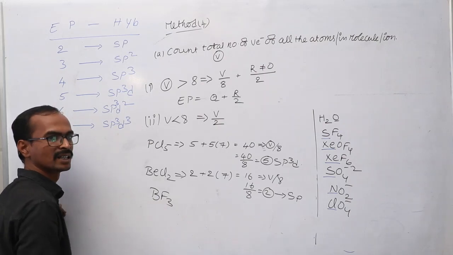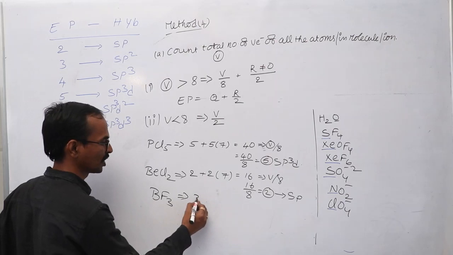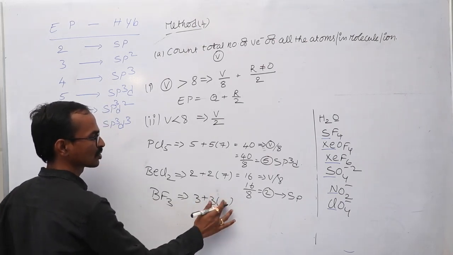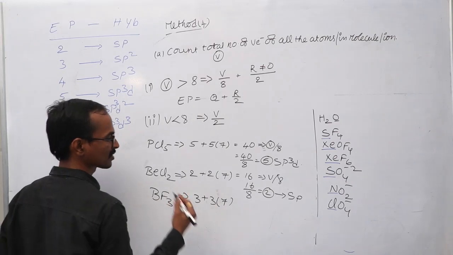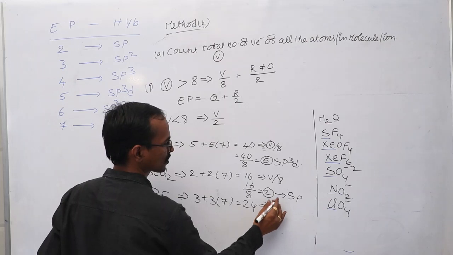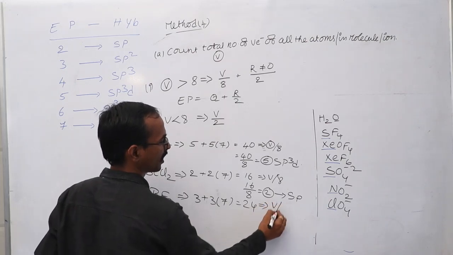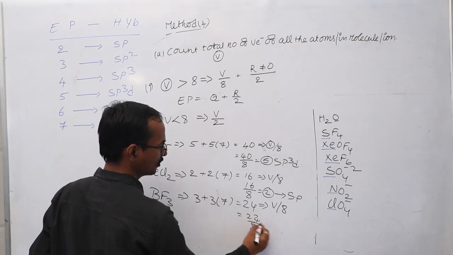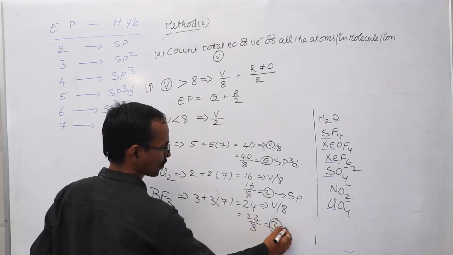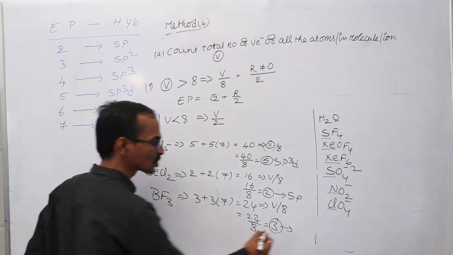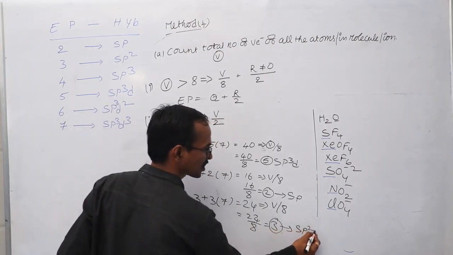Here, boron belongs to the 3rd group. So 3 plus 3 into 7, fluorine belongs to the 7th group, 21 plus 3, 24. Greater than 8. So divide it with 8. 24 by 8, 3. So the remainder is 0. So it belongs to sp2 hybridization, right?